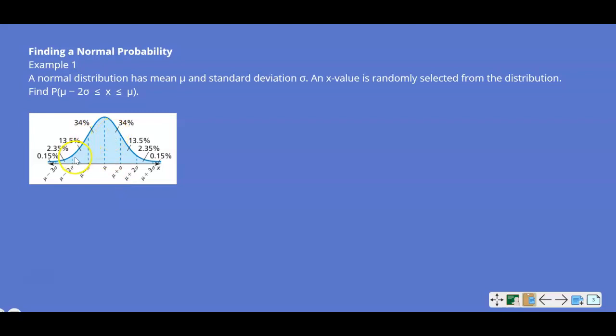Instead of getting the 68, the 95, and the 99.7, I got the one that's broken down a little bit more, because if you see, we're going from the mean minus 2 standard deviations up to the mean. So here's the mean minus 2 standard deviations right here, and here's the mean. So basically we want to find this area that is between right here.